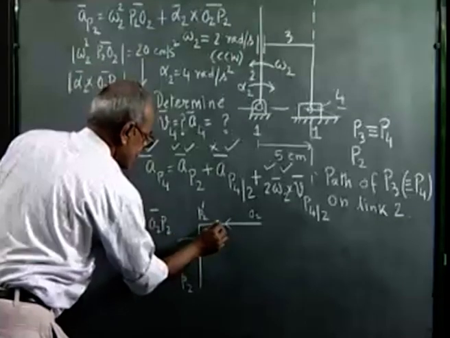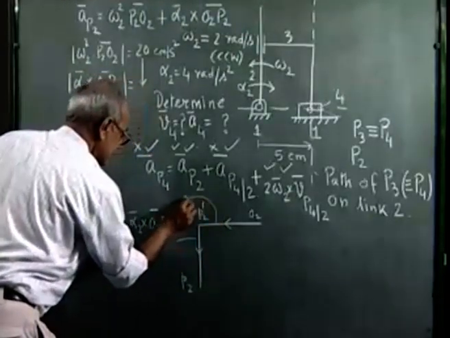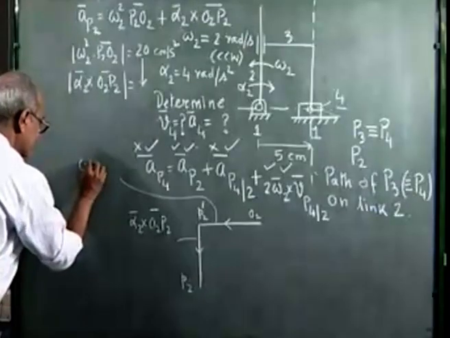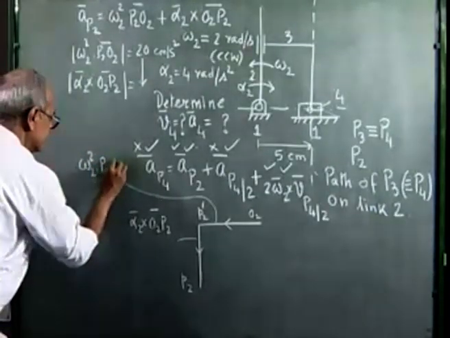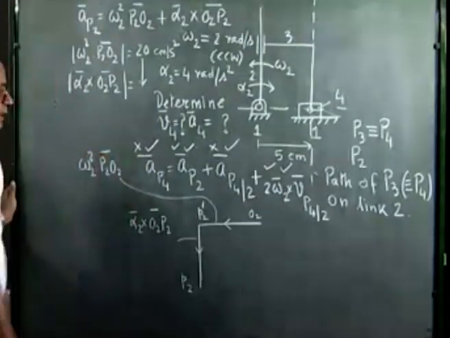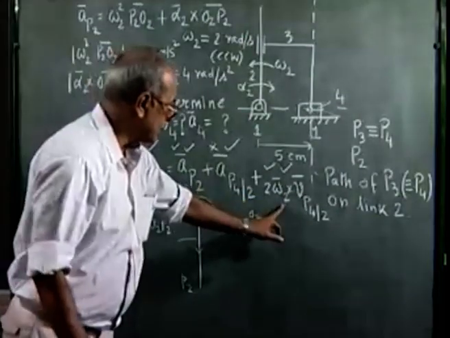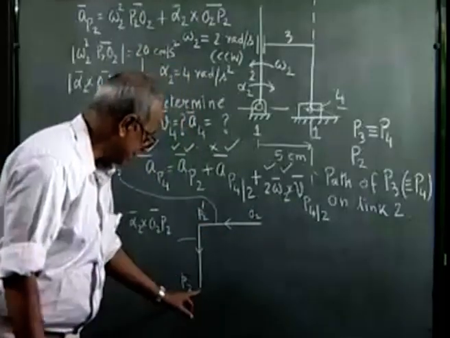And this vector is omega 2 squared into P2O2. Now, this vector is completely known, so let me try to draw this vector at P2.